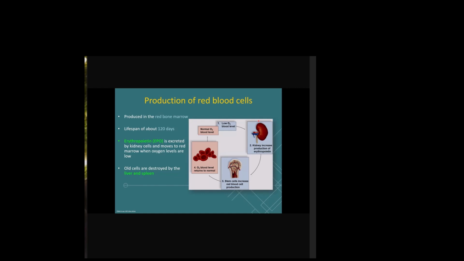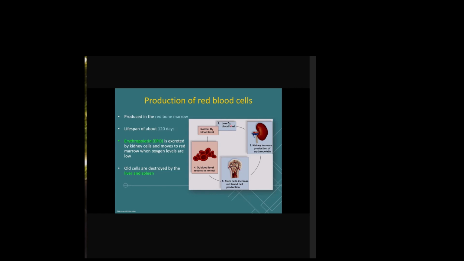So if I mention the production of red blood cells, imagine a situation where, for some reason, whether you're sick or you were bleeding, the amount of red blood cells in your system is low. There are sensors that can tell how many red blood cells you have based on the oxygen level.